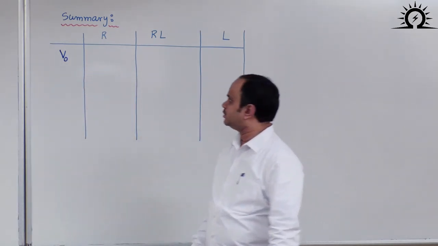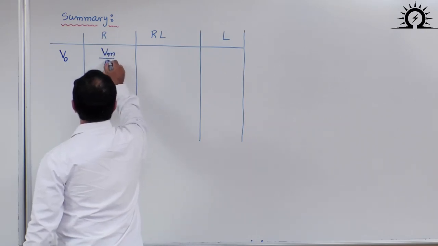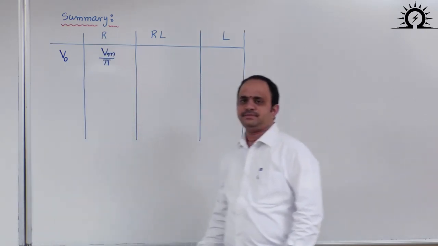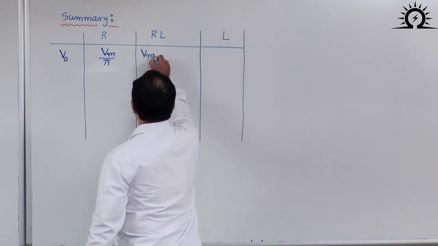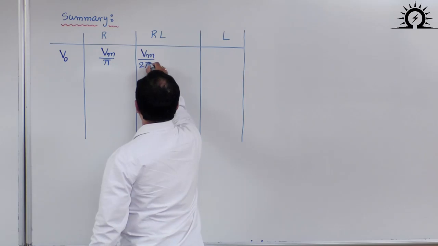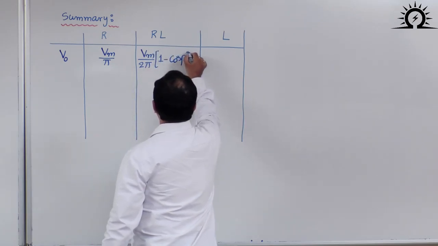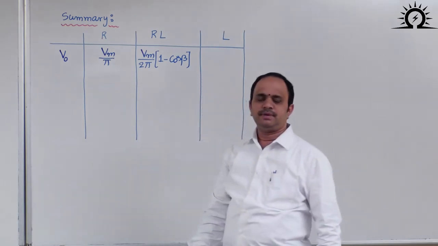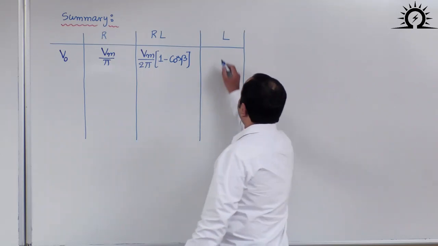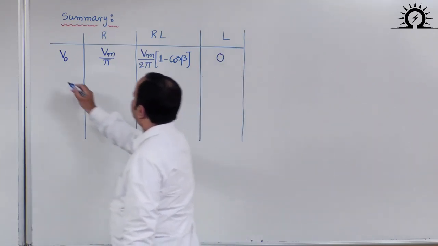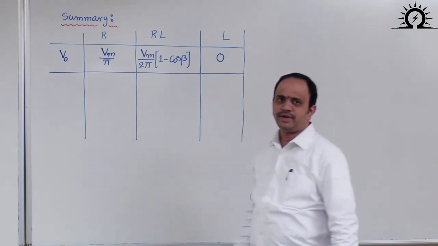First, let us look into the average output voltage, which is equal to Vm by pi in case of resistive load. In case of RL load, V0, what was the result we got? Vm by 2 pi multiplied with 1 minus cos beta. In case of pure inductive load, we got that value as 0. Observe carefully, we will get very important conclusions.